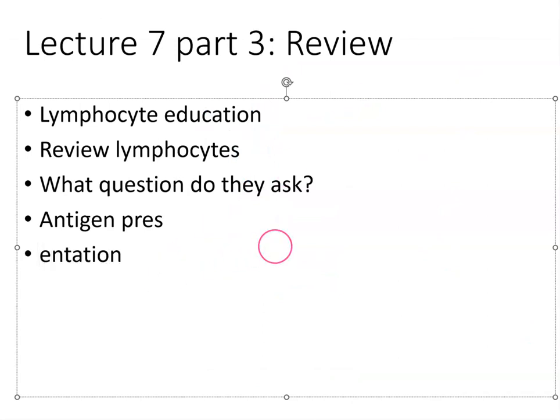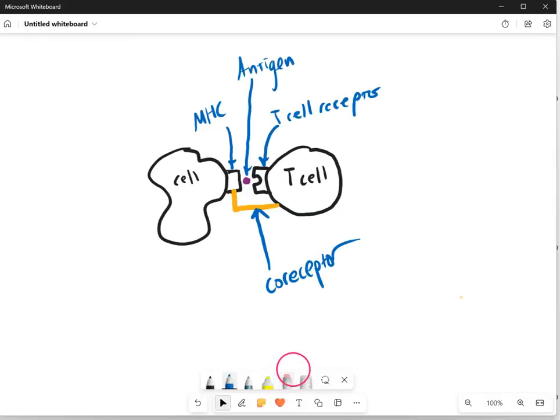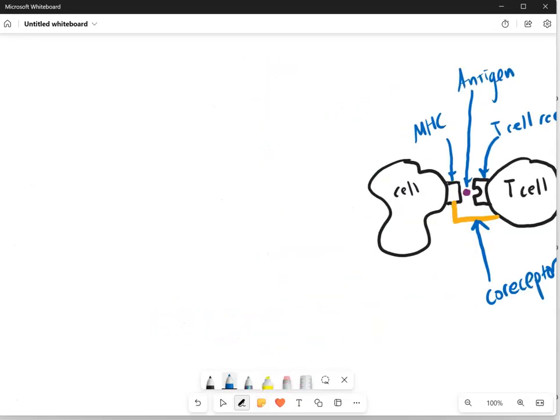So in antigen presentation, we have types of MHC and co-receptors. And you have to know a bit about the MHC to understand what's going on. So what we have is MHC1 is in all nucleated cells. By in, I mean they are all capable of using it, and they use it to defend the body from whatever might be infecting them.